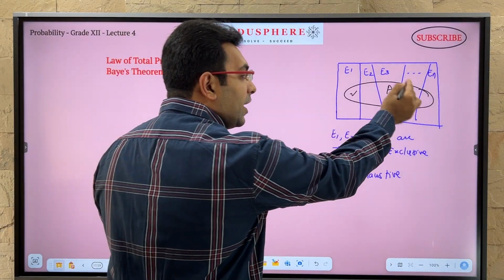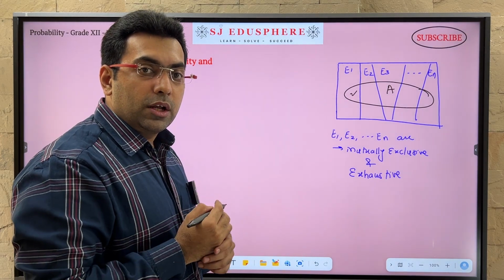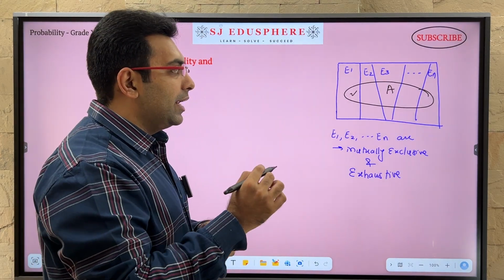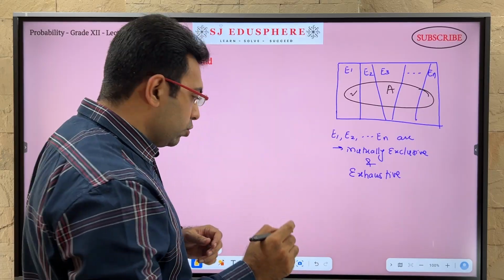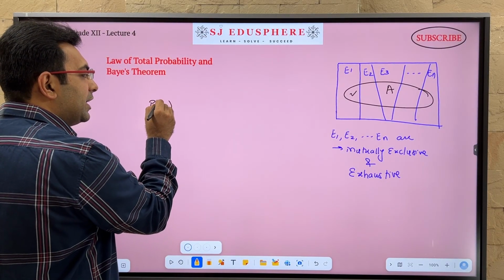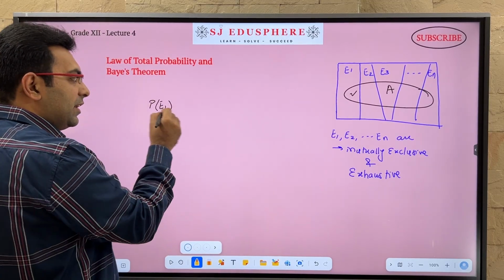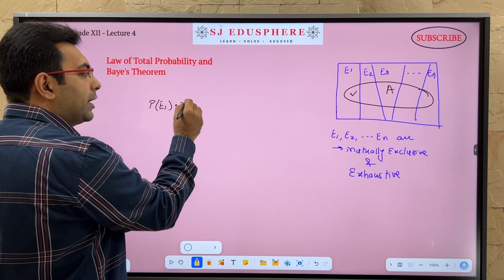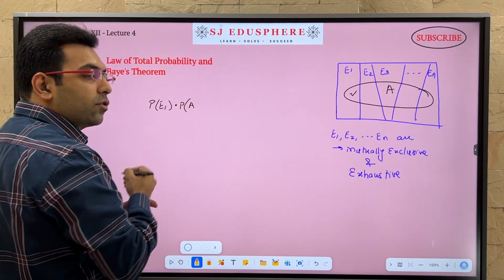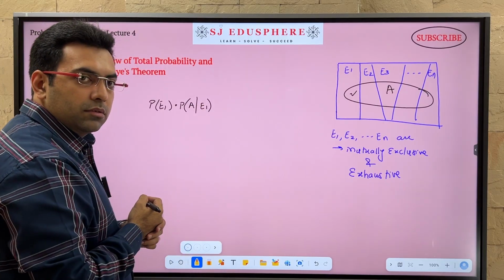So, if I want to find the probability of selecting a student whose name starts with the letter A, what will you do? You will first select division E1. What is the chance of selecting division E1? And you get a student whose name starts with A, given that he is from E1.